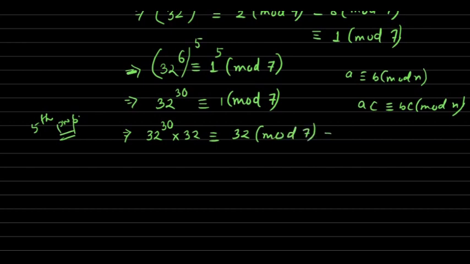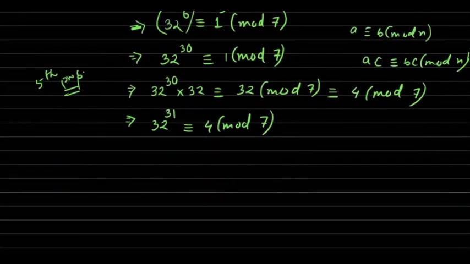Again, 32 mod 7 can be written as 4 mod 7. So now we are having 32 to the power 31 is congruent to 4 mod 7.